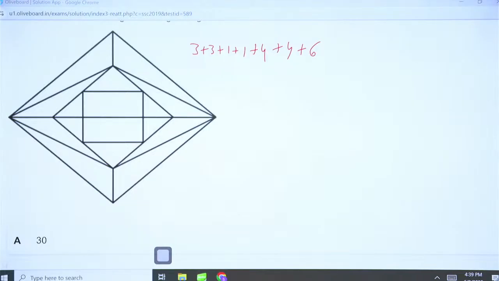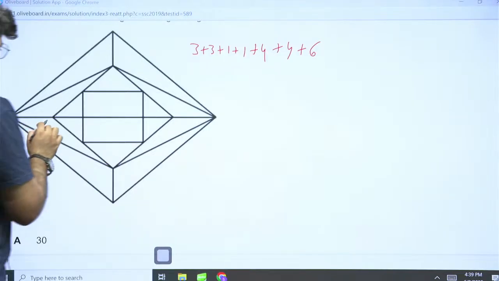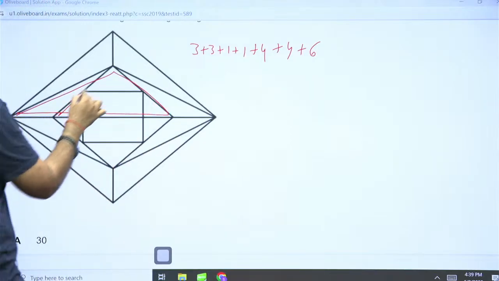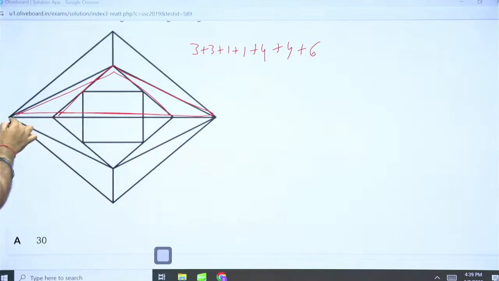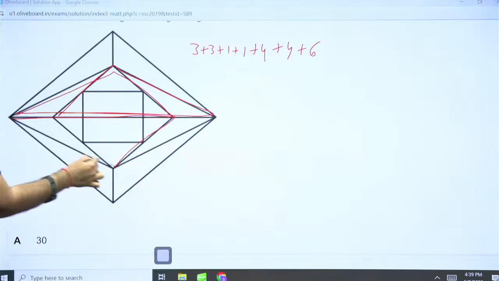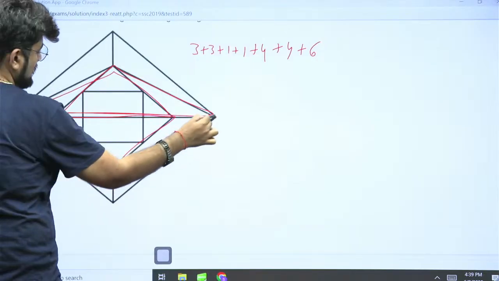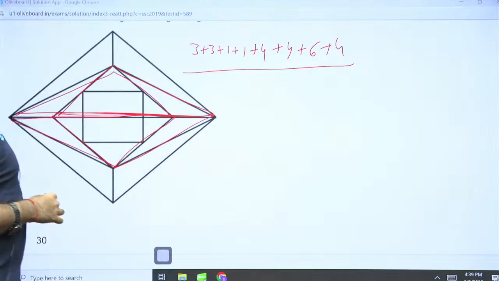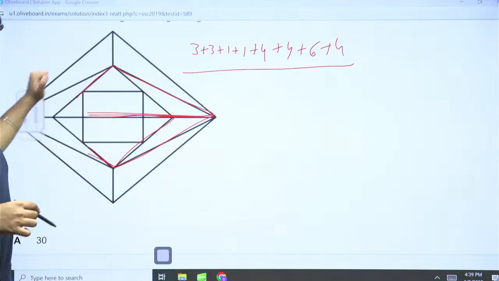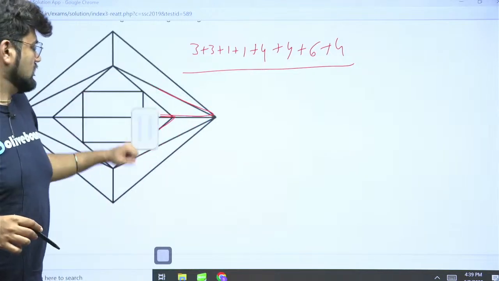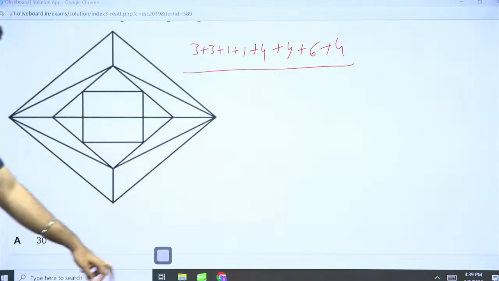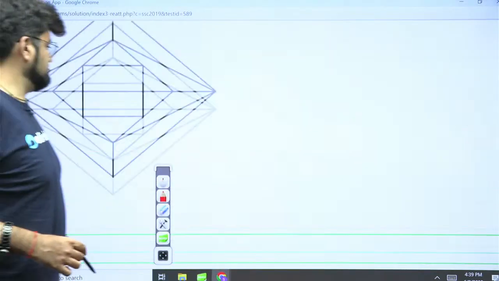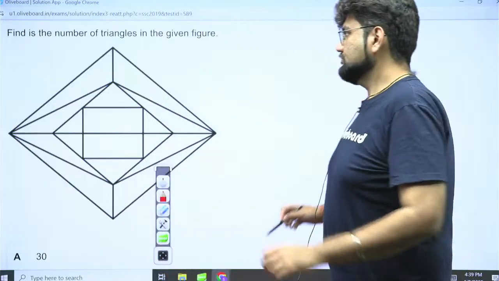Oh, yes. I think I forgot these triangles altogether. This I did not count. 1, 2, partial triangles. 3, 4. Very good question. Excellent question. 22 plus 4, 26. Because we did not have 22 in the options, is why I was trying to figure out the extra triangles. 26. Good question.